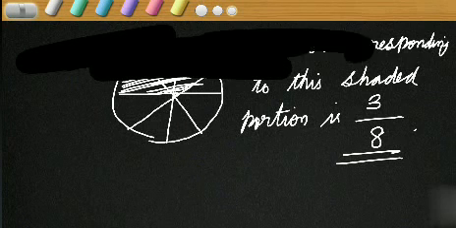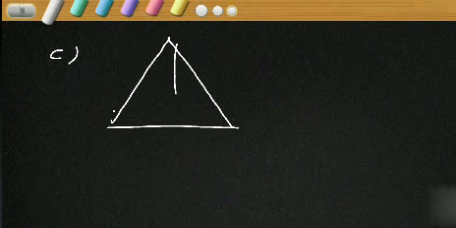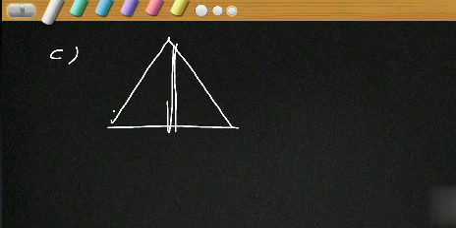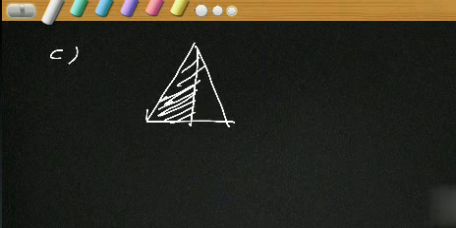Okay, let's do one more. The question is, please draw one triangle neatly and divide this into two equal parts, and shade only one part.